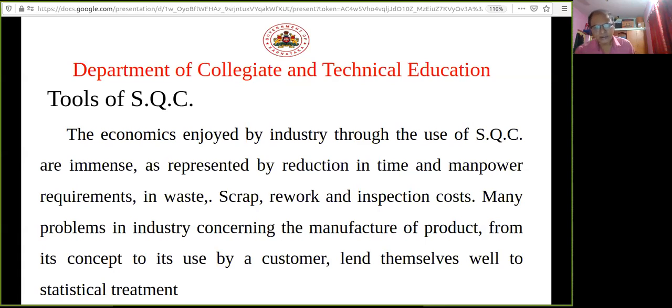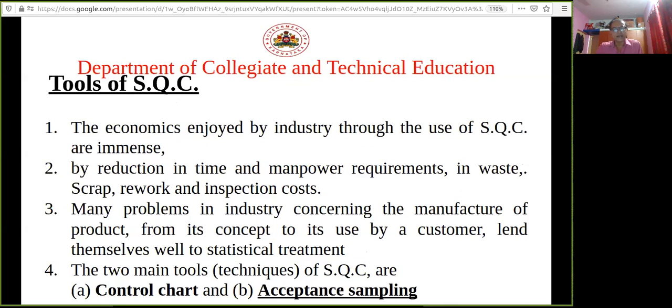So because of the use of all the tools by the industries, from the concept of the raw material to the quality products consumed by the customers, they lend themselves to statistical treatment. So with the statistical quality control tools, as we know, the economy enjoyed by the industries is immense, through the reductions in the time and the manpower requirements, all those things.